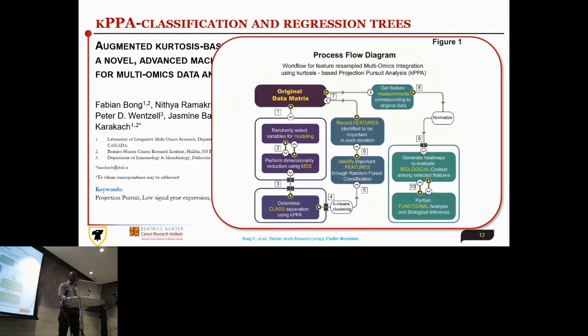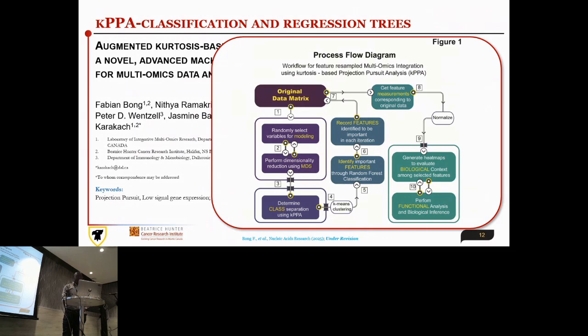Okay, so how does the workflow for KPPA run? First, you get the original data, you randomly select variables, you perform a dimensionality reduction, you determine the class separation using KPPA, determine what those classes are, because this is unsupervised.